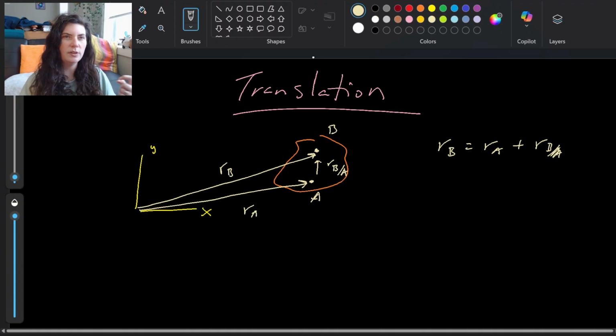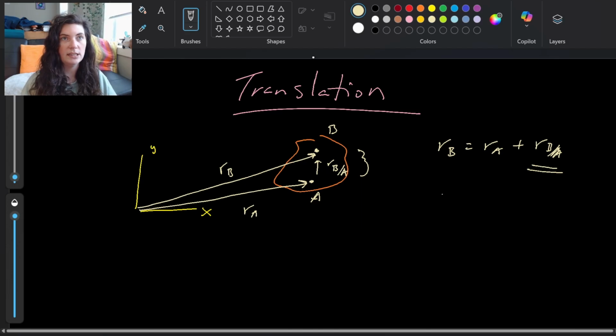But when I take a derivative of this, my position of B with respect to A is never changing. That vector RB with respect to A is never going to change. The body itself is not changing. That distance between A and B will never be changing. So taking a derivative, this term is going to go to 0.